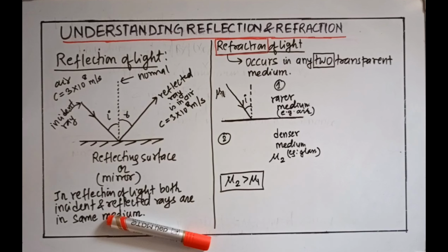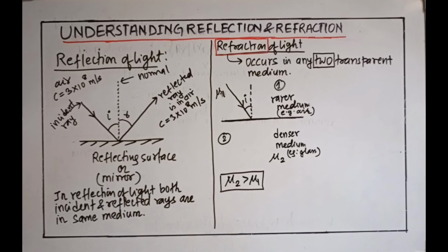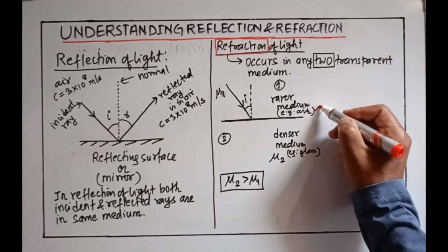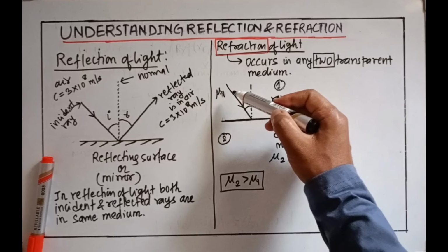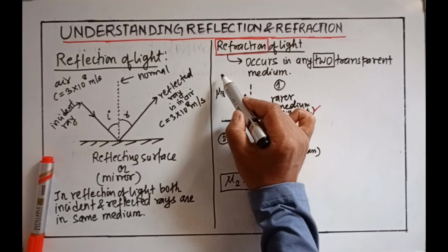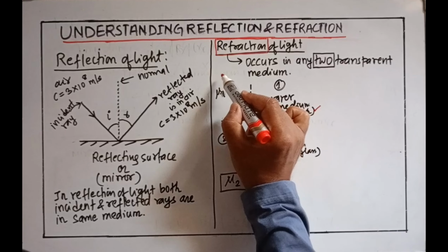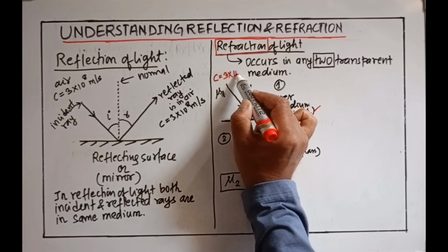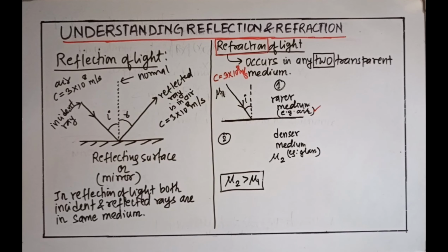When we take air, the incident ray moves with speed 3 times 10 power 8 meter per second.